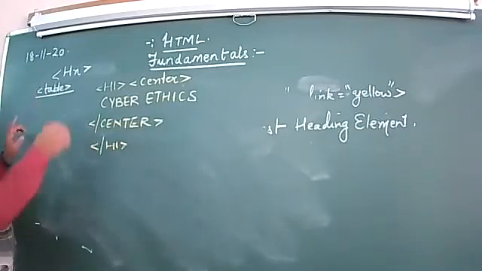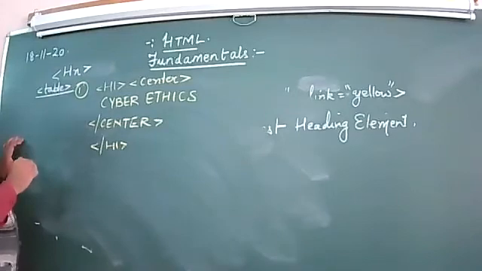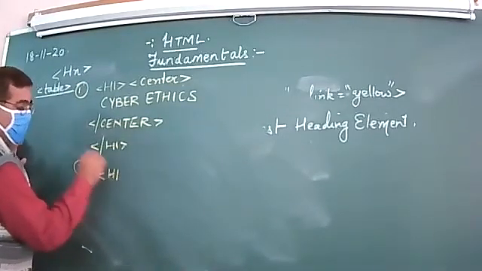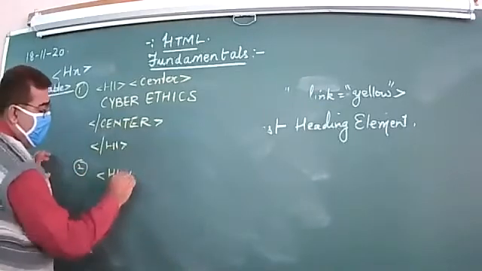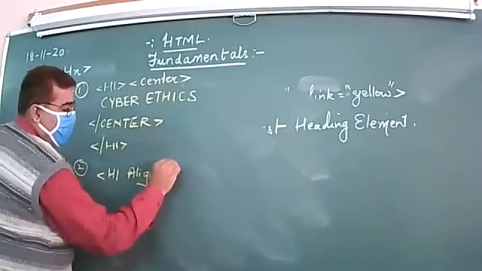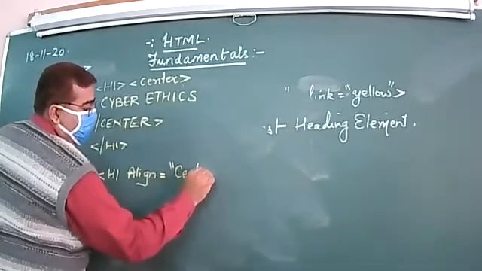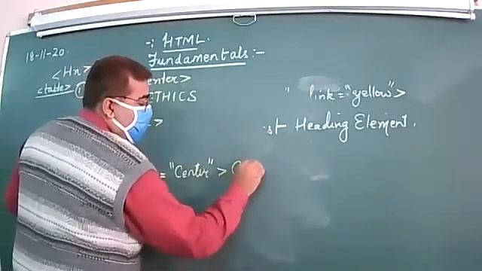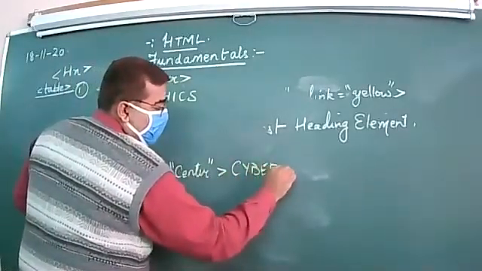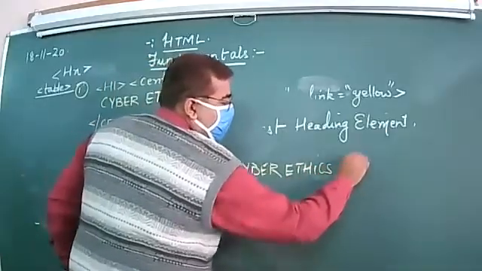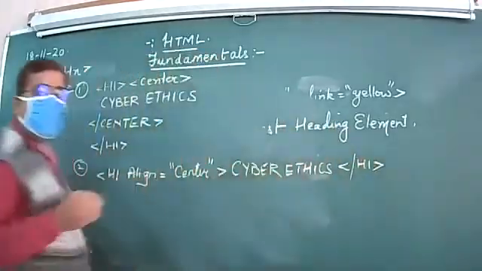This is the one option. Second alternative, you write the H1 tag, take the align attribute inside the opening H1 tag, give the value center, and write your heading over here. And finally close your H1 tag.